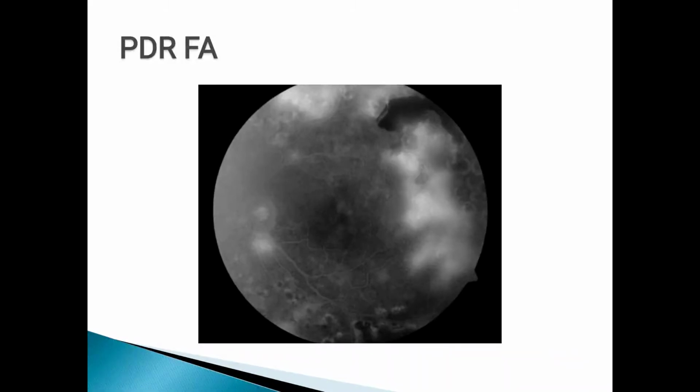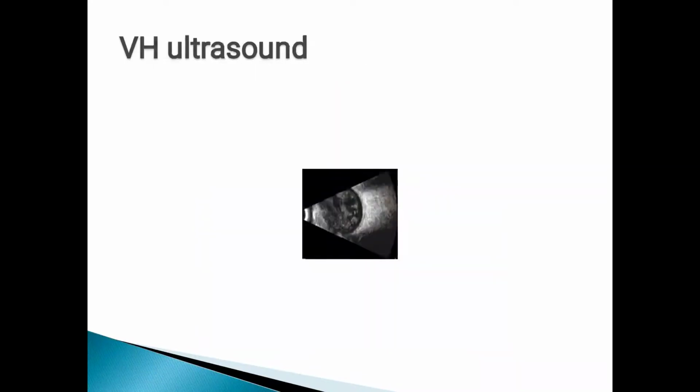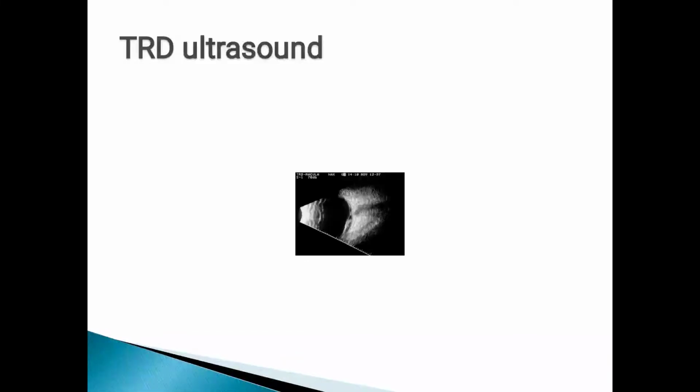Here inferiorly the blood vessels have leaked and caused inferior vitreous hemorrhage. Vitreous hemorrhage can also be diagnosed by ultrasound, in which you can see shadows in the vitreous cavity.